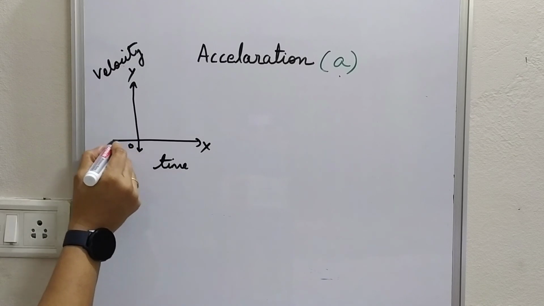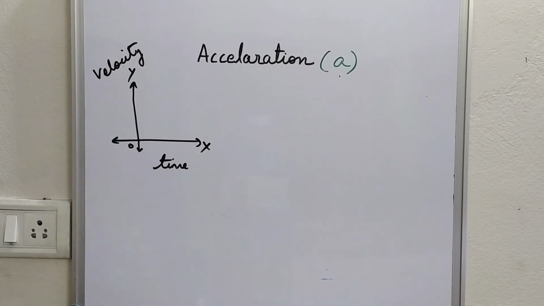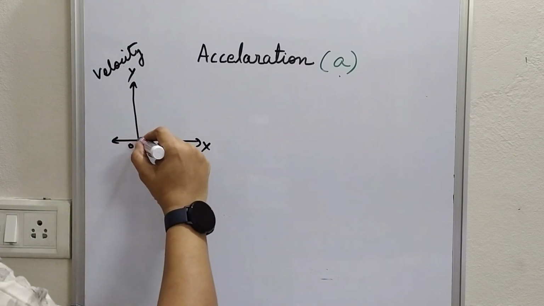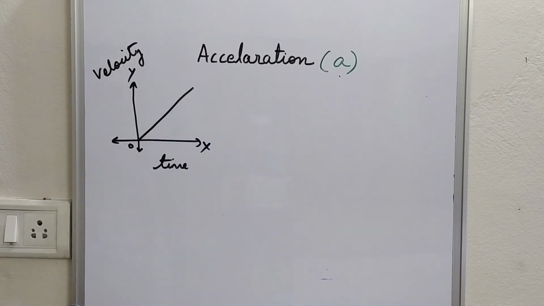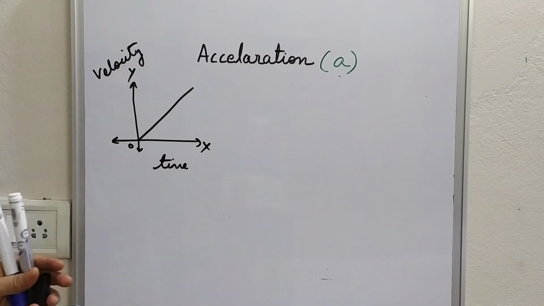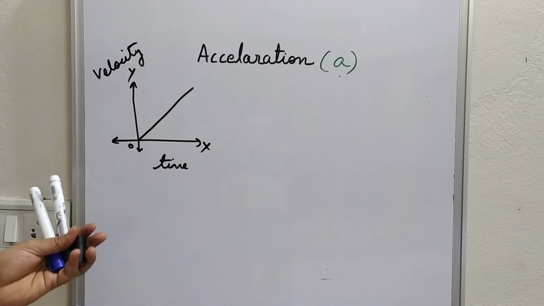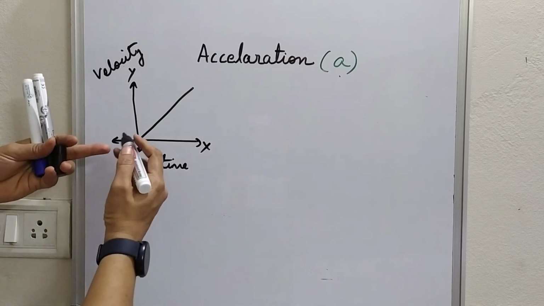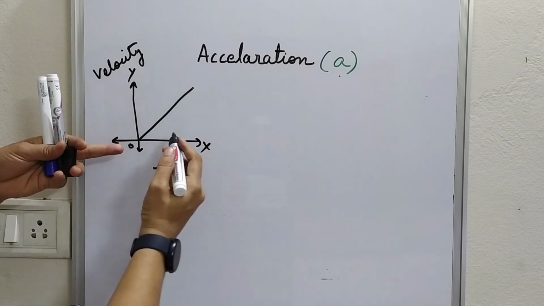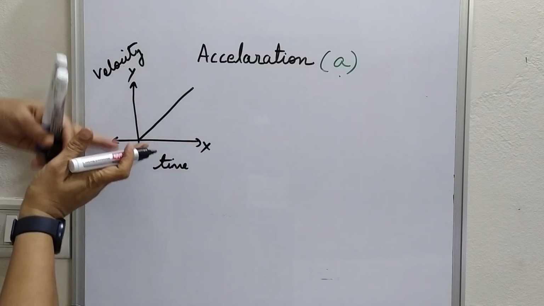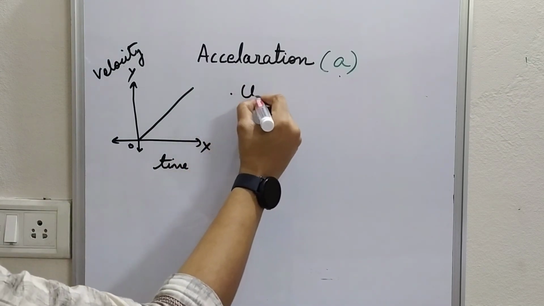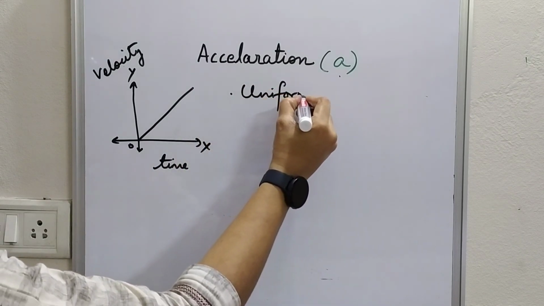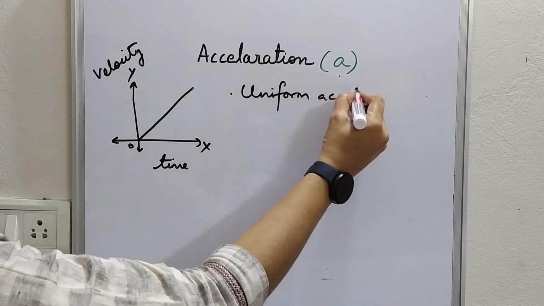When we plot these two on the respective axes, if we draw a graph which is a straight line starting from the origin, neither parallel to the x-axis nor parallel to the y-axis, then such a graph talks about uniform motion or uniform acceleration, because as time changes at equal intervals, there is an equal change in velocity. So such a graph talks about uniform acceleration, meaning a zero acceleration.